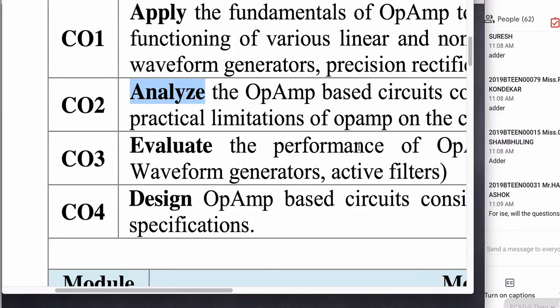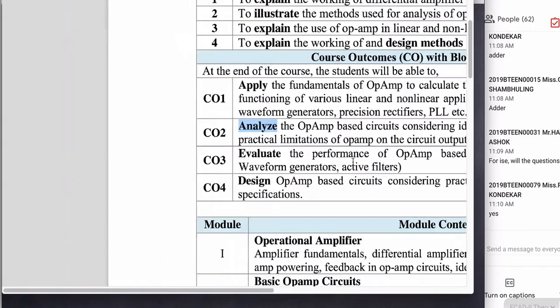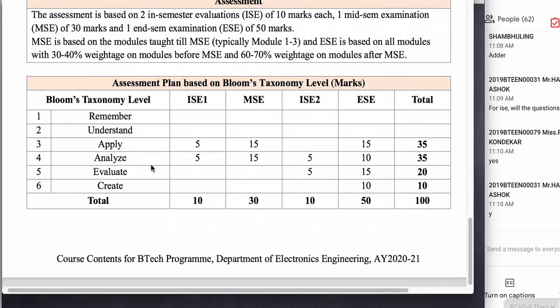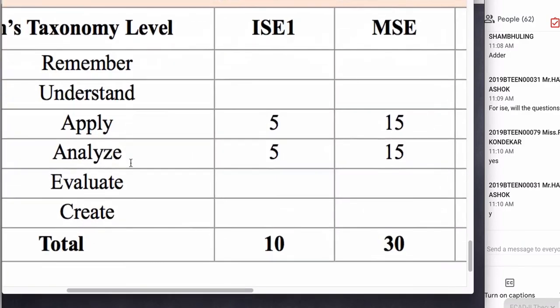Yes and no. हाँ, तो इसलिए इवैल्यूएशन स्कीम है ना हमारा, तो ऐसा होगा. आईएससी में 5 मार्क अप्लाई लेवल के लिए, एनालाइज के लिए 5 मार्क. इसका मतलब ये नहीं कि 5 क्वेश्चन होंगे.